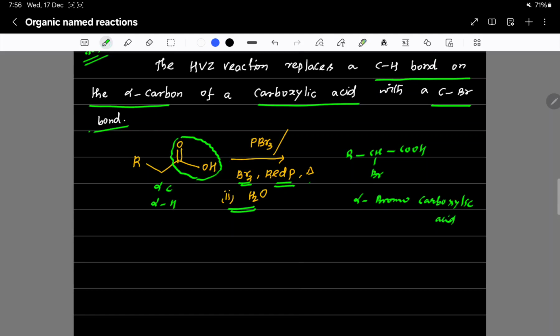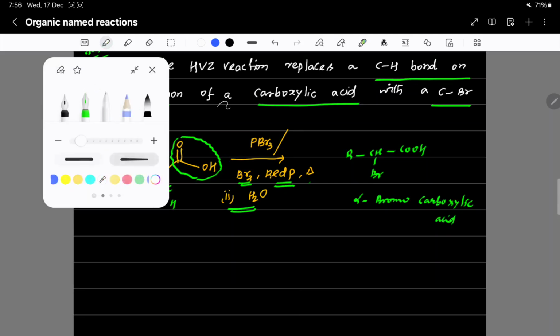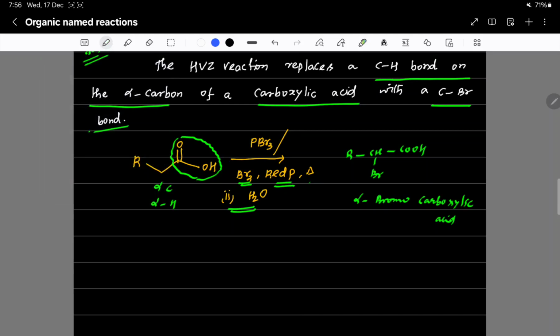Now look at the mechanism of this reaction, student. This is RCH2C double bond OH; the oxygen atom has a lone pair. This reacts with PBr3.